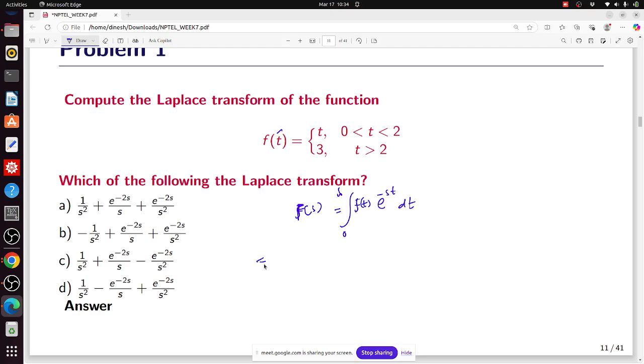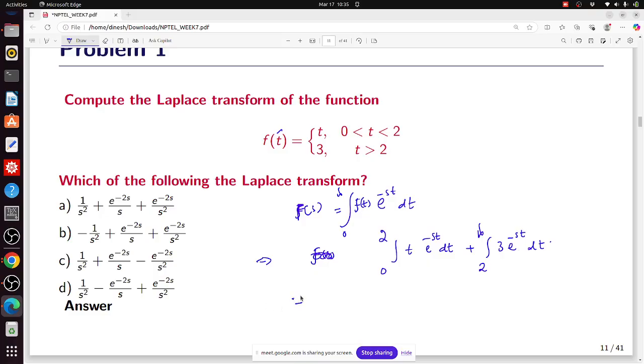So here we can split this function as the integral of f(t) from 0 to 2, where the value of f(t) is t, e^(-st) dt, plus the integration from 2 to infinity of 3 e^(-st) dt.